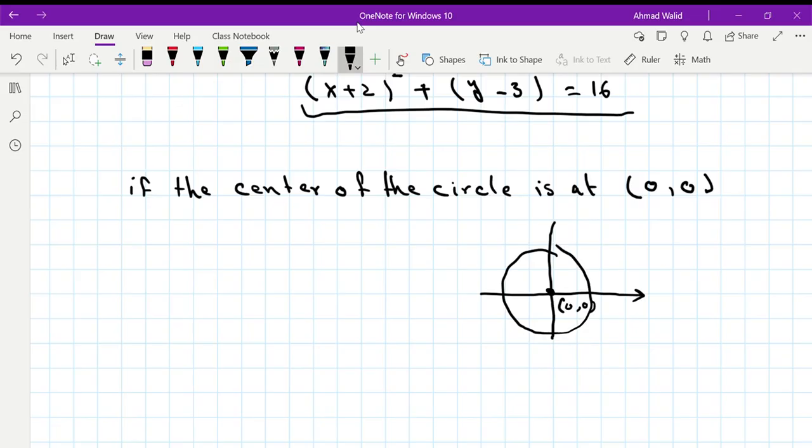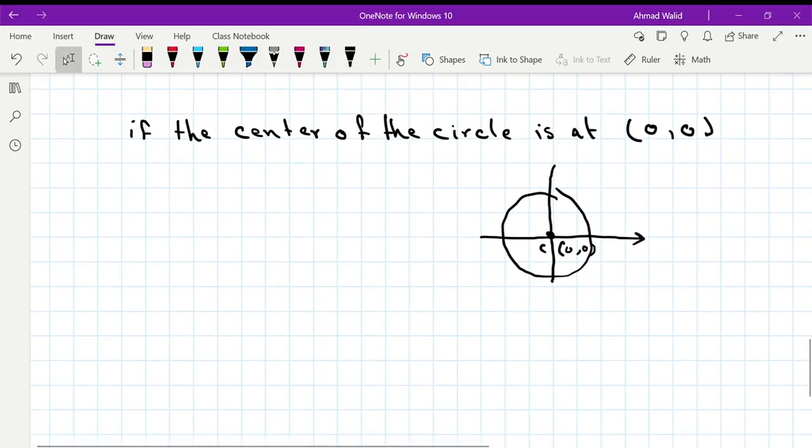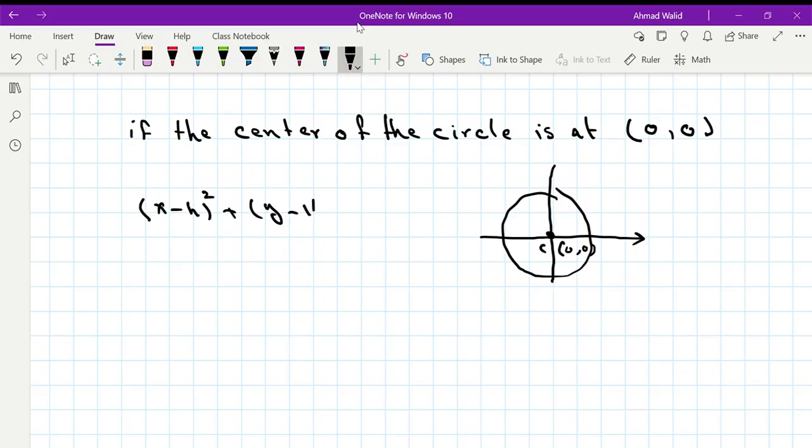That's your center, correct? Then what will be the easiest formula to use to write the equation of the circle? Look, your general formula is x minus h squared plus y minus k squared equals r squared.